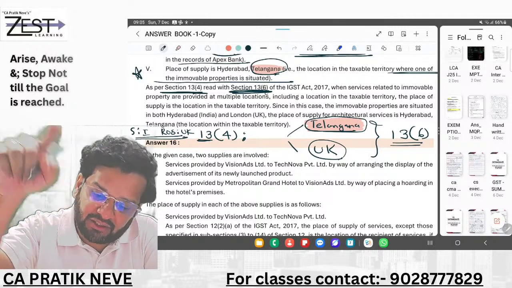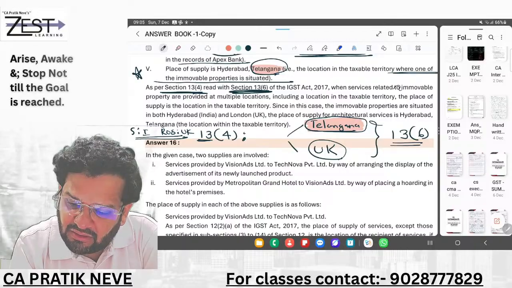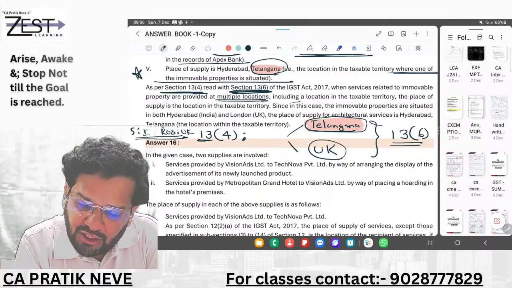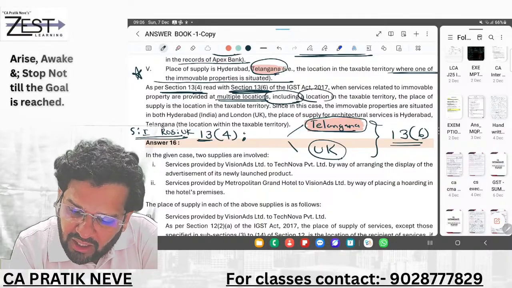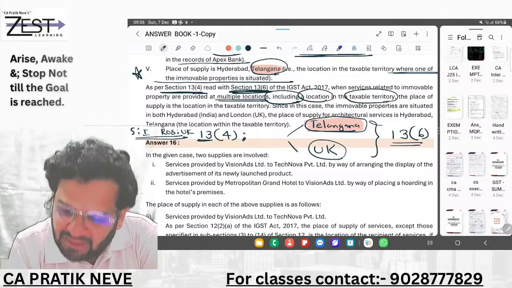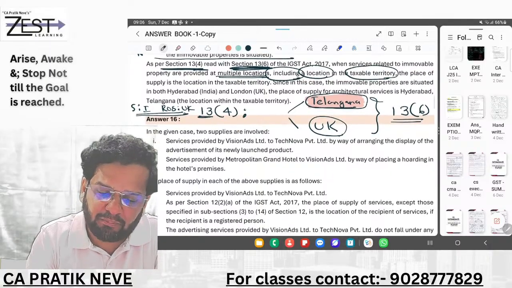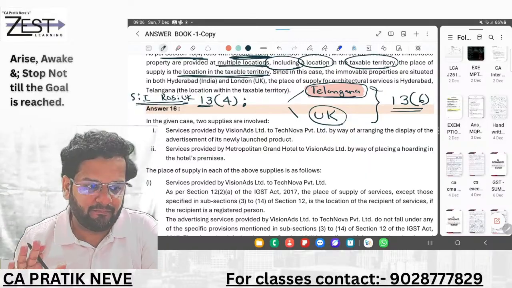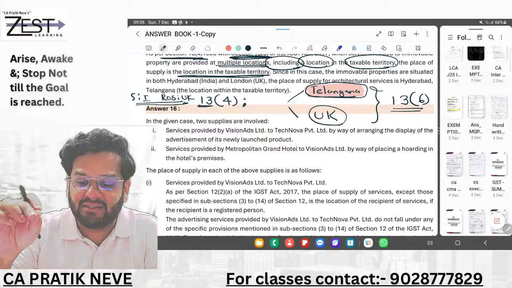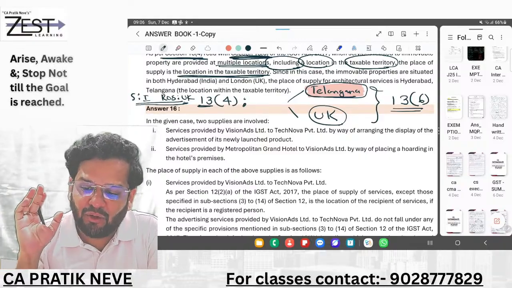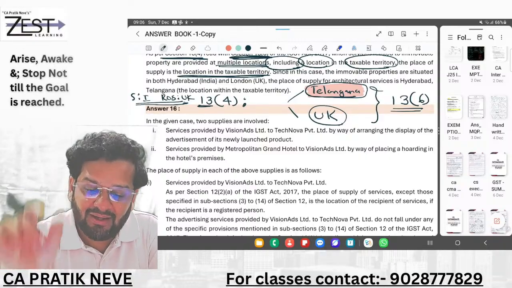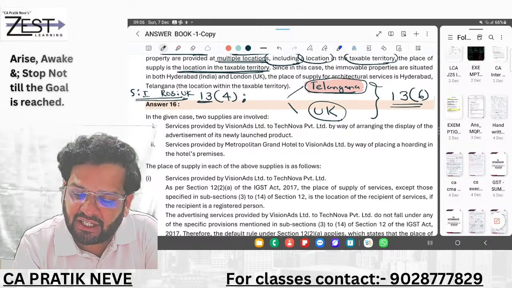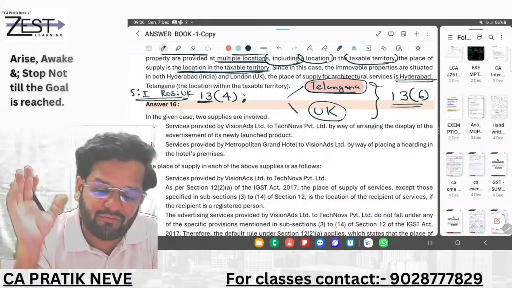So, see, 13.4 read with 13.6: when services related to immovable property are in multiple locations, including a location in the taxable territory, the place of supply is the location in the taxable territory. Getting the point? Since in this case the immovable properties are situated in both Hyderabad and London, the place of supply of this architecture service will be Hyderabad itself.